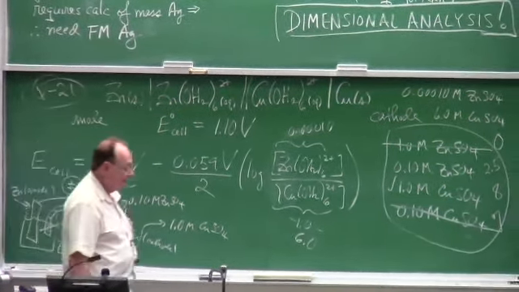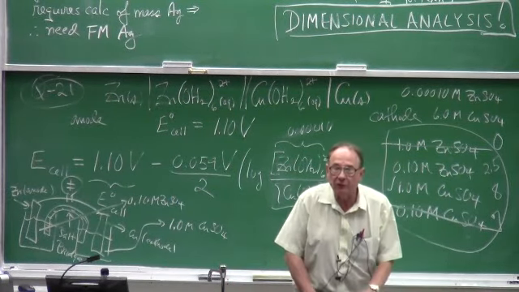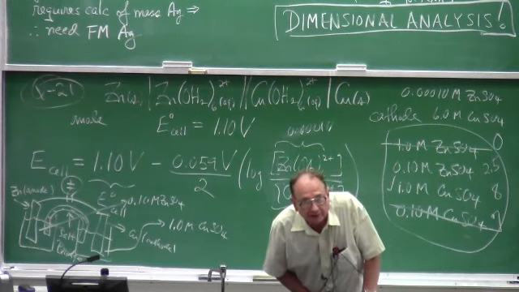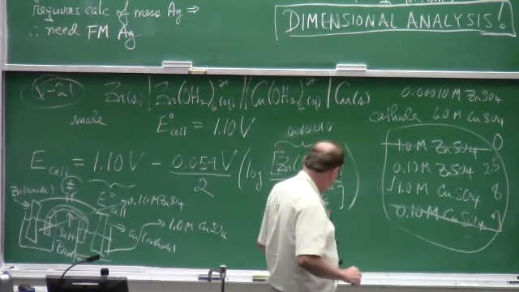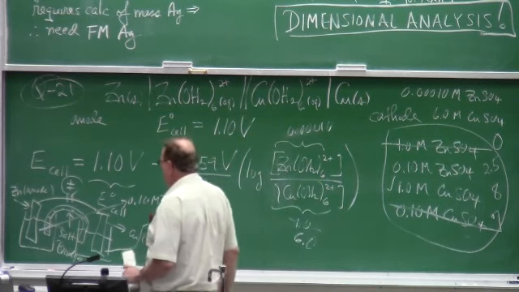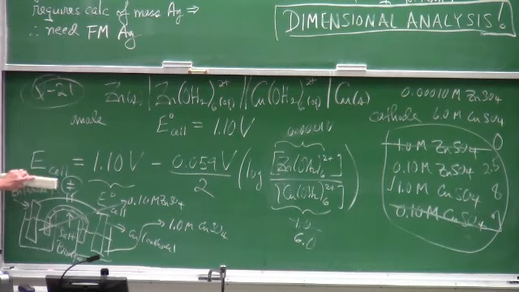Now then, let's play this game further. Let's play this game in accord with what you presumably talked about in discussion class when you looked at this cell. Get out the half reaction table. You'll need it now.